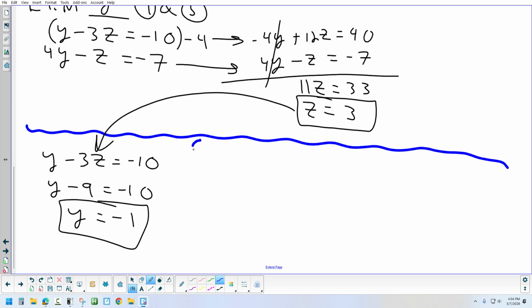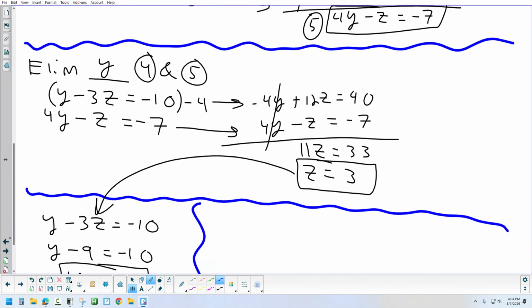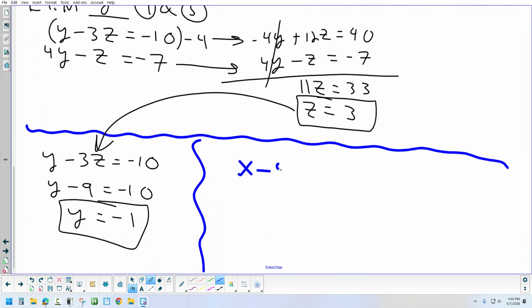Okay, so now we got that. We can plug in y and z to get x, and I would plug into the top one. That one looks the simplest to me. x minus y plus z equals 2. So x we don't know. And what do we get for y? For y, we got negative 1.